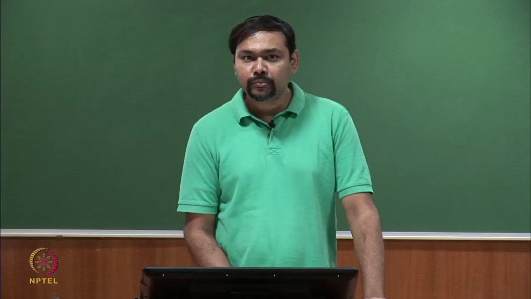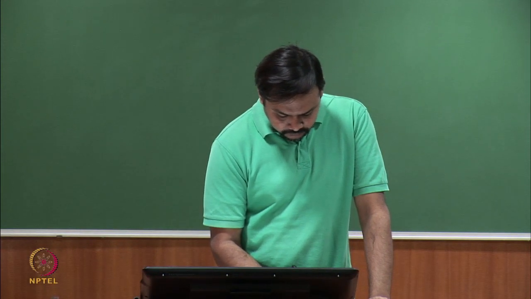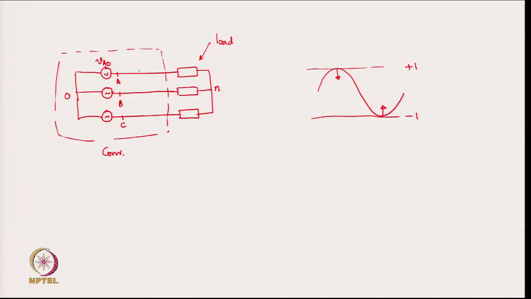Why should it be a common mode voltage? Because suppose I add a common mode voltage, so we are generating this additional voltage here. So, we say VCM, that is the common mode voltage. Okay.